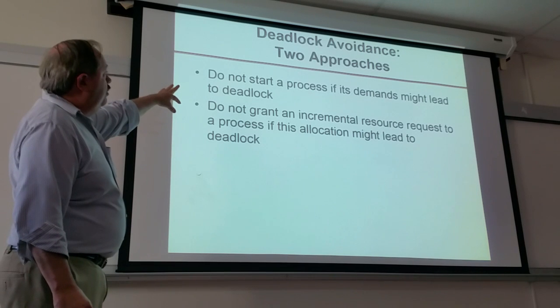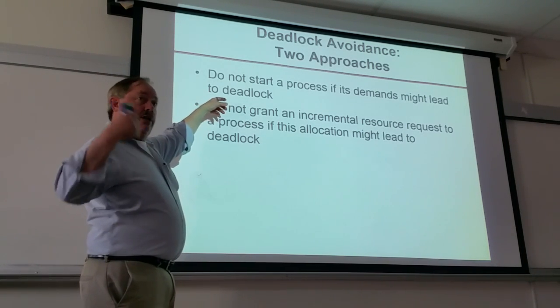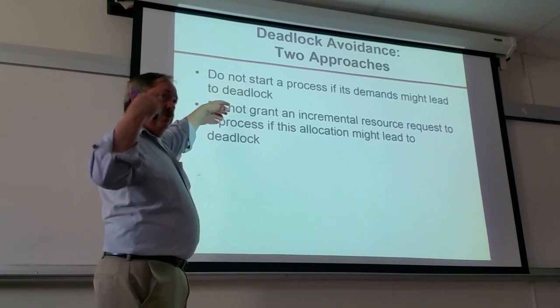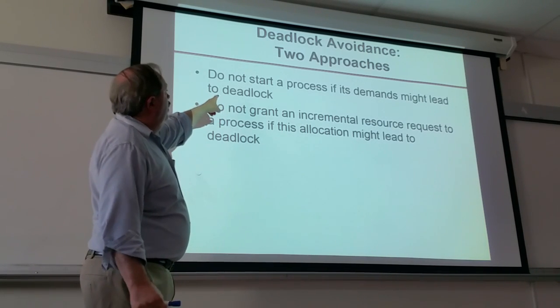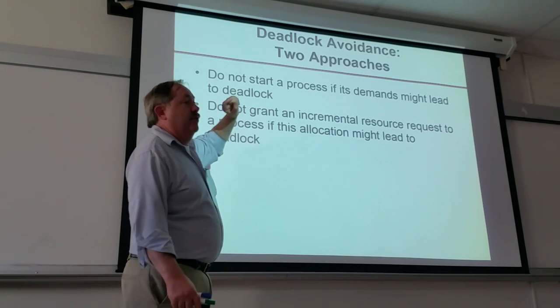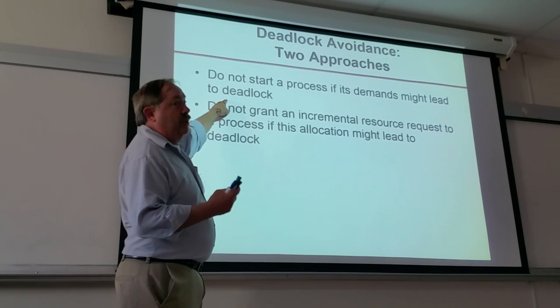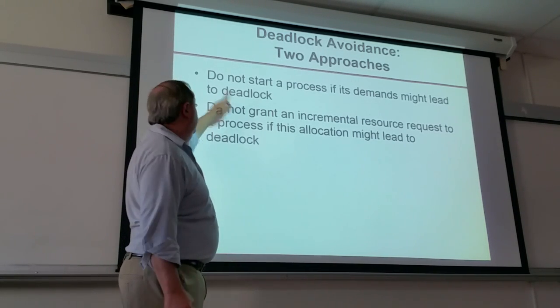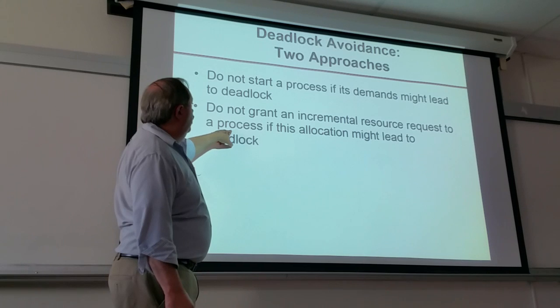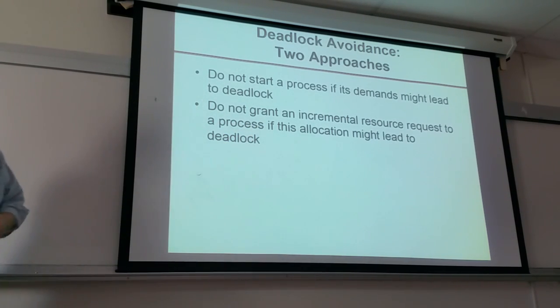But how the algorithm works is that I'll run this algorithm and I'll say, this process is going to make a request for these resources. Then I'll say, don't start that process if its request for resources might lead into deadlock. And do not grant an incremental resource request to a process if that allocation also might lead into deadlock.